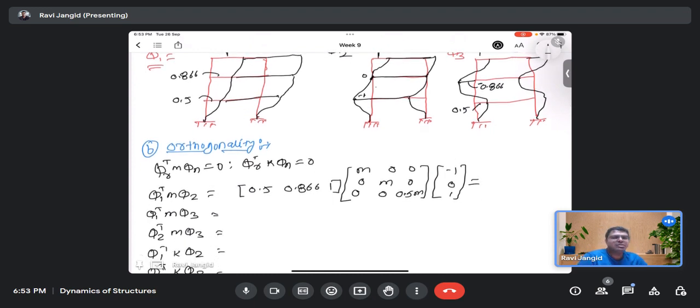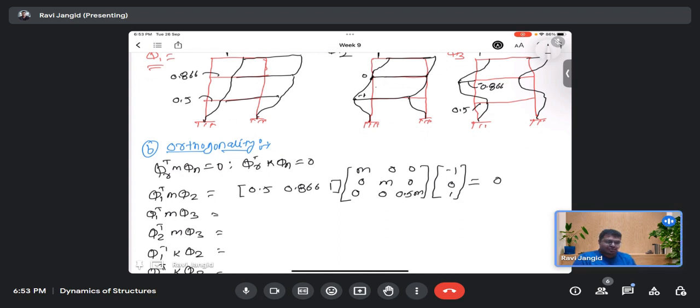What are those things that are coming? Anyone with the orthogonality? What will be this value? Similarly, zero.